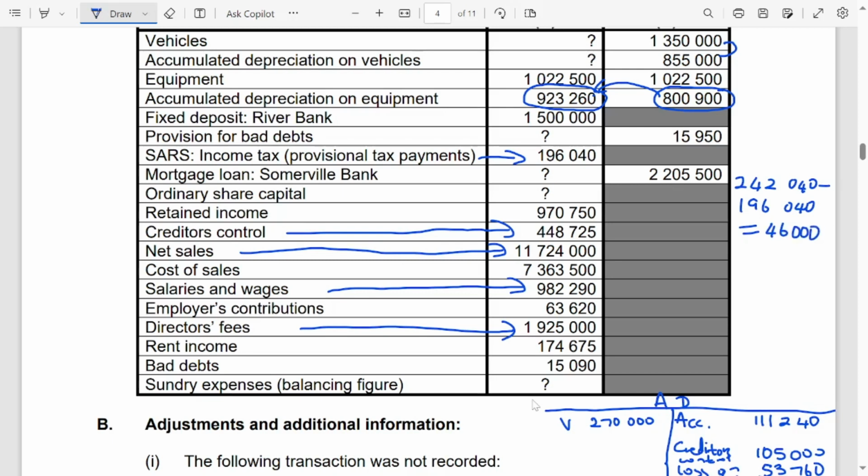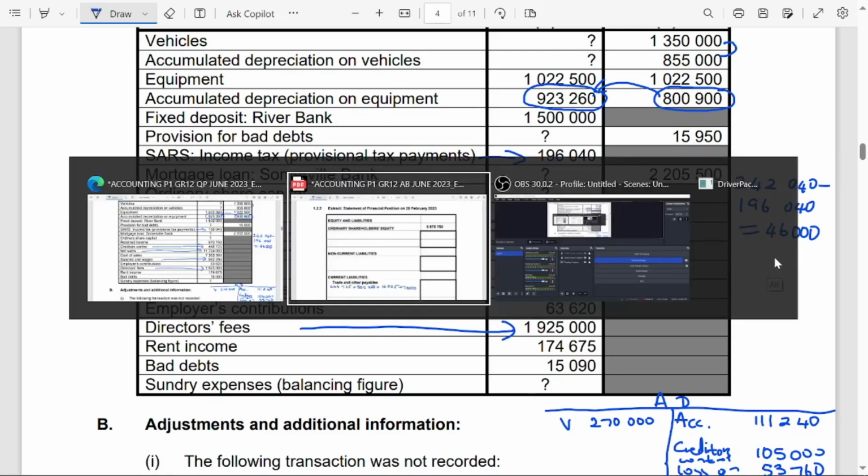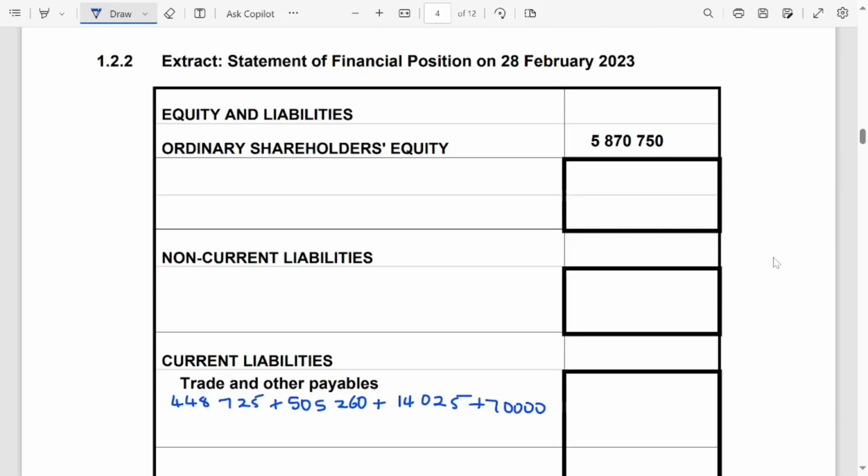So if we are the ones owing SARS, that is going to be a liability which must be recorded under trade and other payables. Sometimes it may be recorded as SARS with the credit balance to show that we are owing SARS. So 46,000. So we come and add plus 46,000.